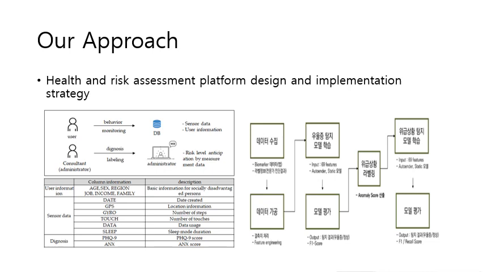There are two diagnosis methods, PHQ-9 and ANX. PHQ-9 and ANX are not information collected by sensors. This is the result of a prior inspection of the subject to be monitored.